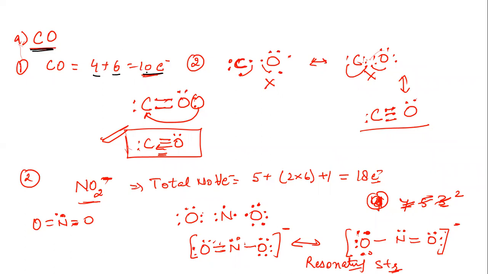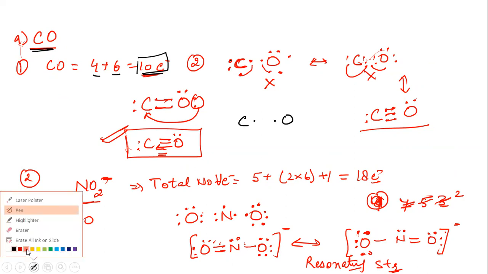Now we have to distribute these 10 electrons between carbon and oxygen. How can we distribute it? First of all, between carbon and oxygen, we are going to put one and one electron, the single bond electrons. These two done.